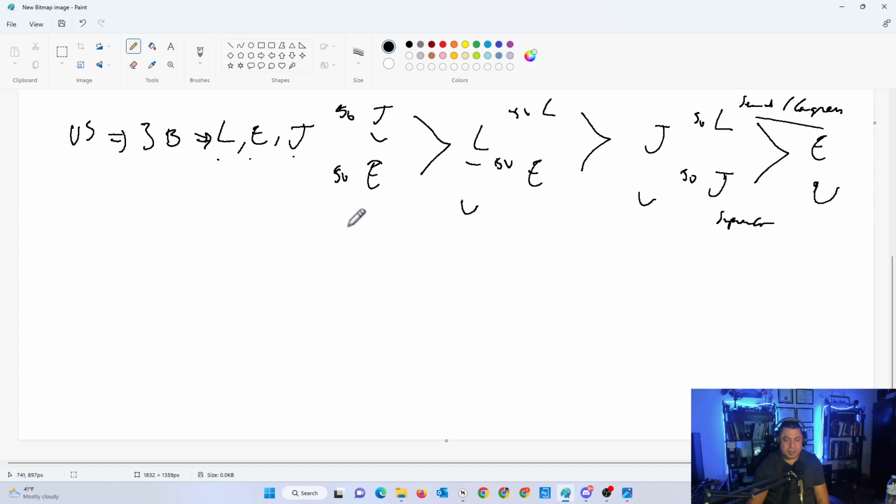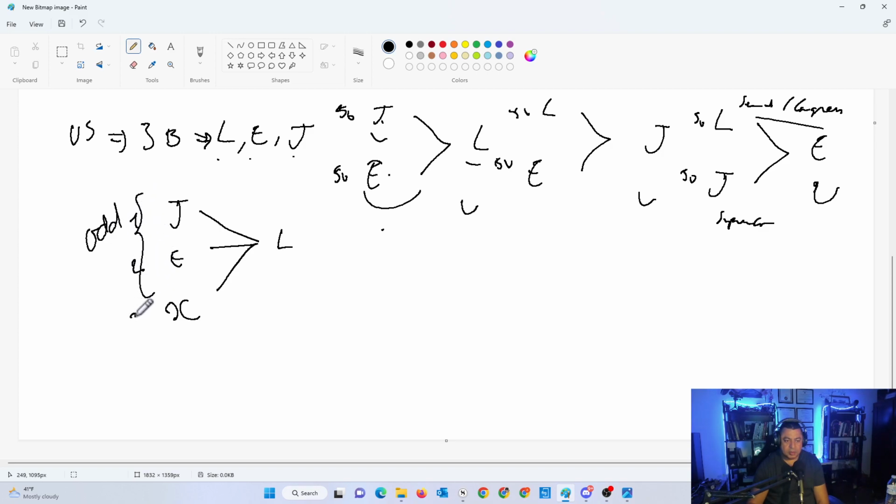The common sense, mathematically speaking, is to have 3 entities. We'll have J, E, for example, and then we'll call it an X, another entity. All three decide on the L. And this way, an odd number is key. 1, 2, 3.